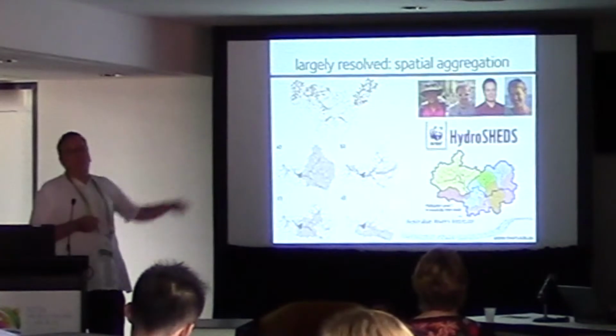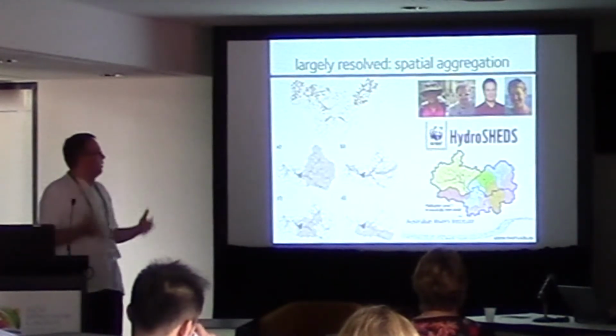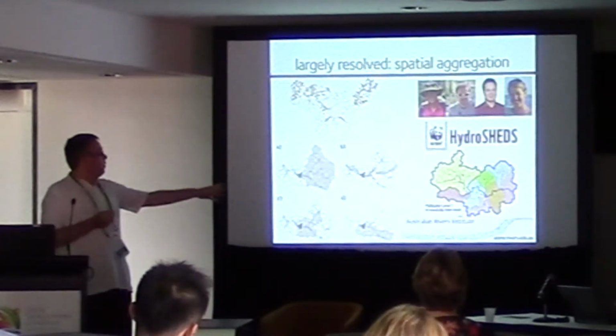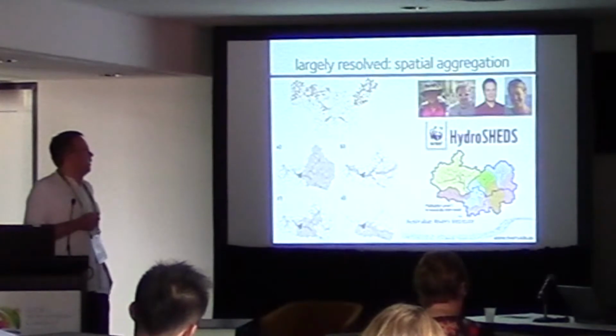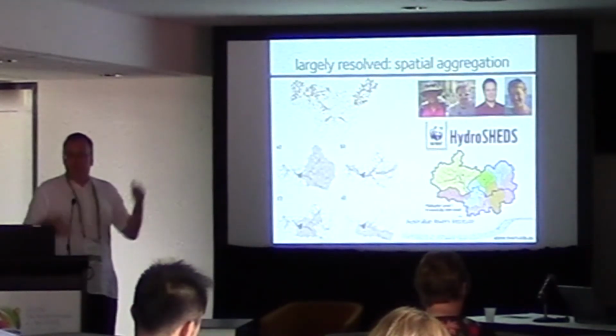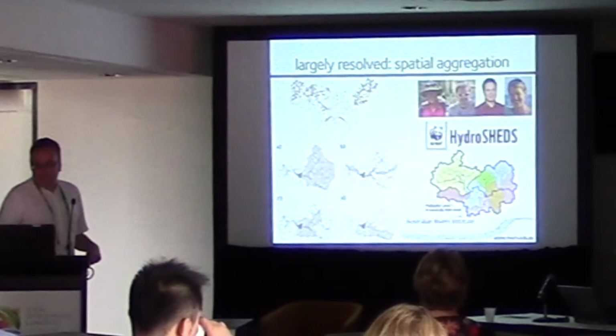Also Arte Moilan and Carissa Klein, I wanted to acknowledge these guys, they have really pushed this field to the max. We also now have a fantastic product called HydroSHEDS, which is basically pre-cooked planning units that have the spatial information, how the planning units relate to each other, already built in.